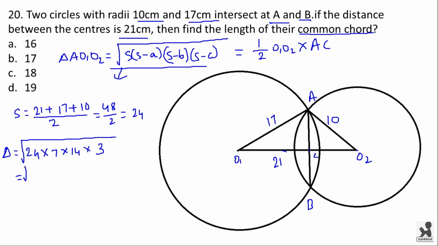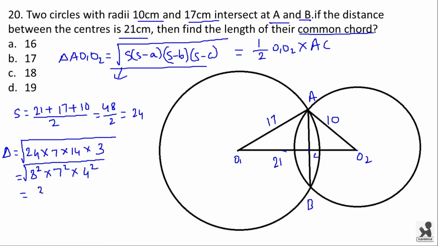If you see, we have 24 is 3 into 8, so you have two 3's over here, so this is 3 square, and 7 into 14, you can write it as 7 into 2, so you have 7 square, and again here you have 8 and here you have 2, so you get 16, that is 4 square.